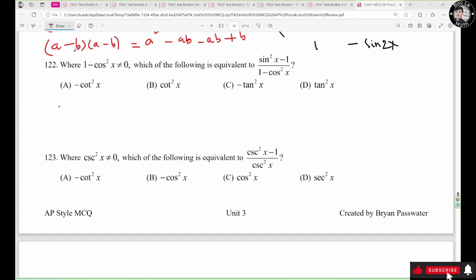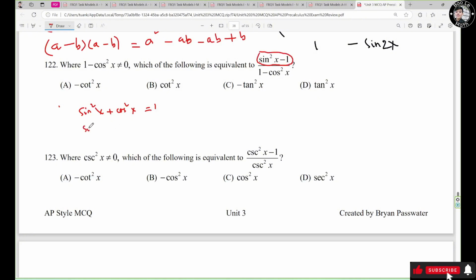Now question 122. Given 1 minus cosine s different from 0, which of the following is equivalent to this one right here? Again, we need to apply the Pythagorean identity, where sine squared of s plus cosine squared of s equals 1. And then from here, you just manipulate this one. In order to solve for this, I need to subtract 1 from both sides and subtract cosine squared from both sides.